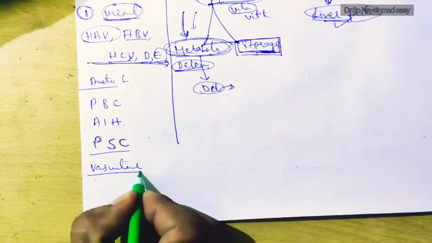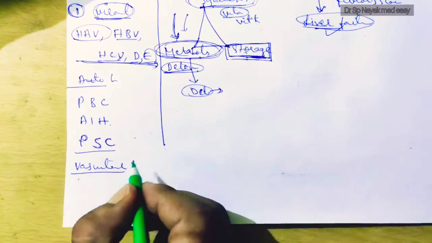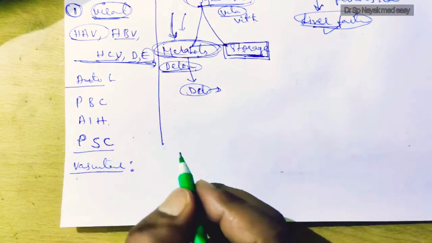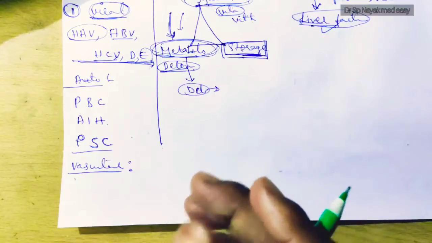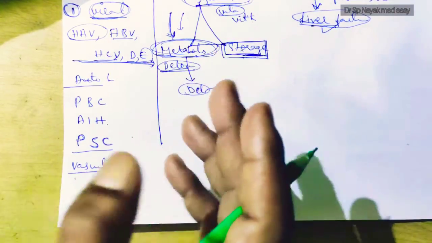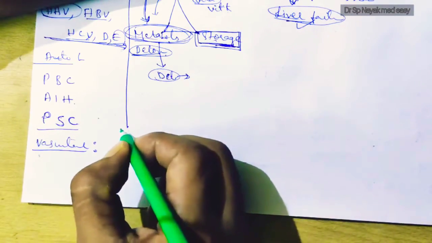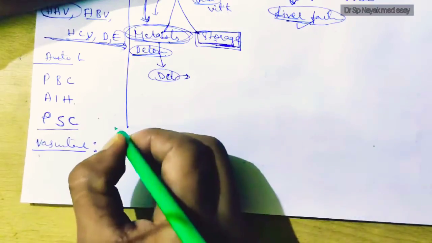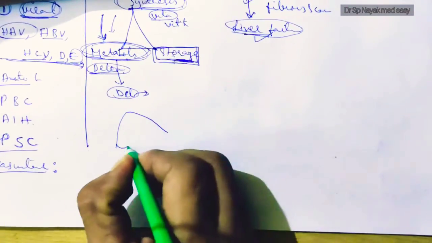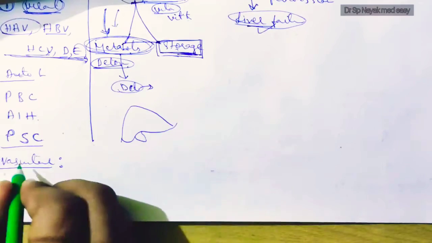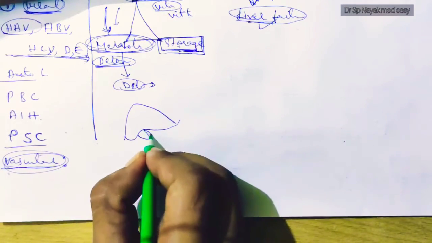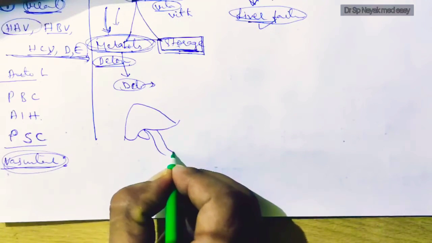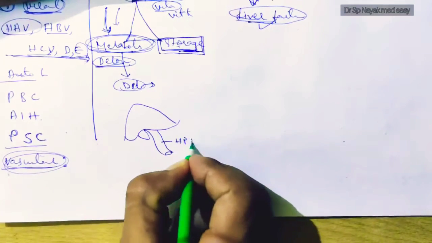Vascular abnormalities are another cause of hepatitis, and a vascular abnormality is nothing but some abnormal disease in the blood vessels that supply the liver, and the blood vessels that supply from the liver to the different tissues. Let's consider this is a liver. While discussing vascular disorders, we have a very important blood vessel called the hepatic portal vein.